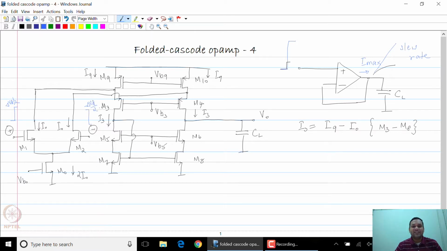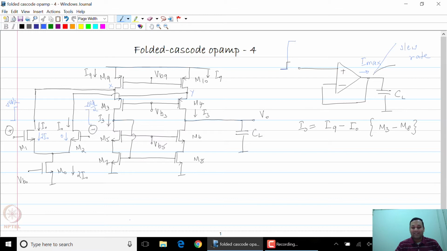When this happens, the current through M1 will become 2I0, and the current through M2 will become 0. If delta VD was large enough, all of the current would flow through M1 and there will be no current through M2. Let me call these two nodes, node X and node Y.